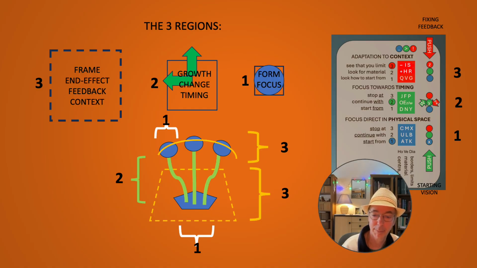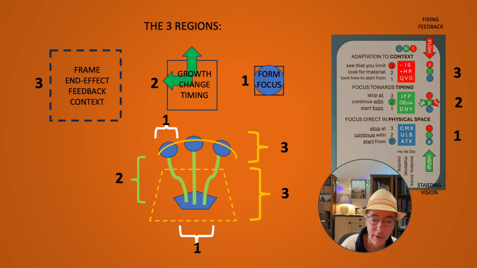Even in the plant there are three very distinctive focuses. You have the form of something where you have a focus upon a form and on a place, which is the blue part. You have the growing part, which grows to another direction where changes happen, and you have the end effect, or the context.